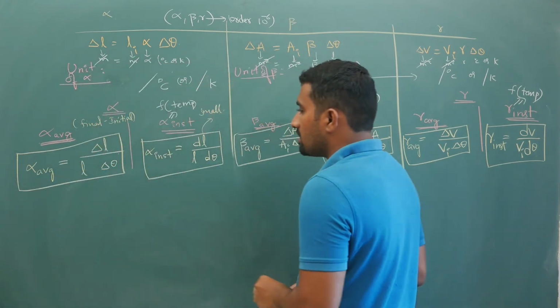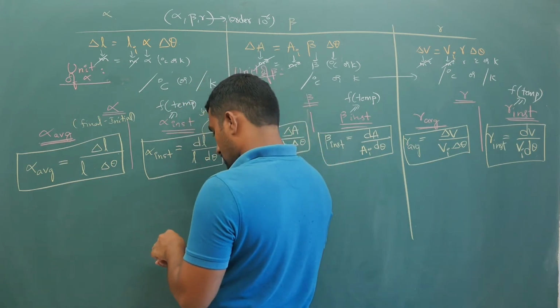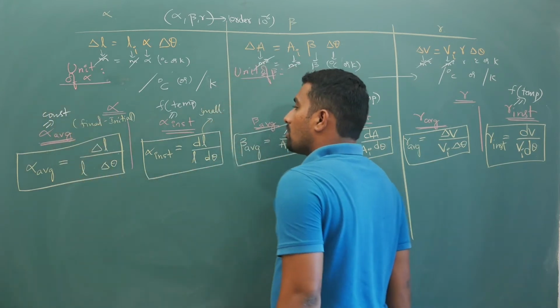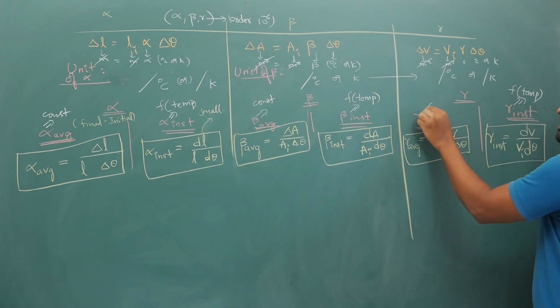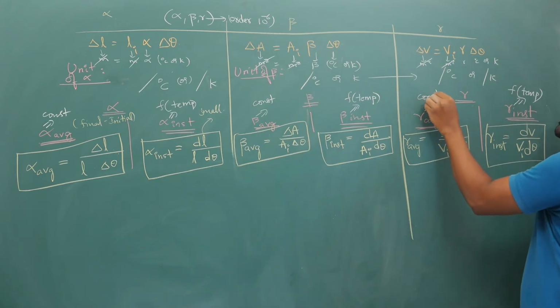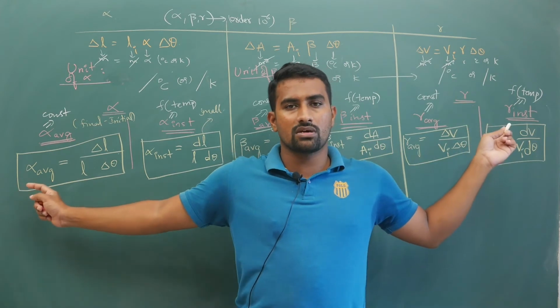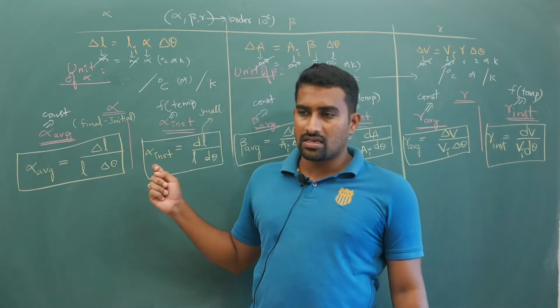Now if you look at this, I can write: when alpha is constant, this alpha average, beta average, gamma average when they are constant, that means not varying with respect to temperature, you can use these expressions or definitions. When they are varying with temperature, you have to use these instantaneous values.